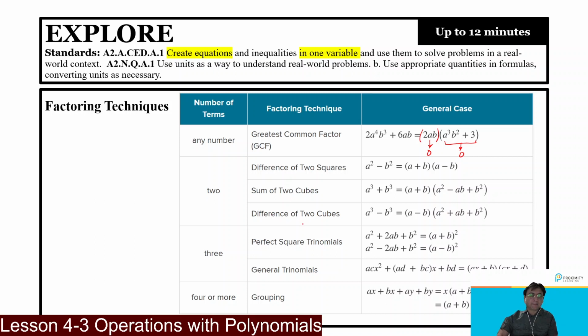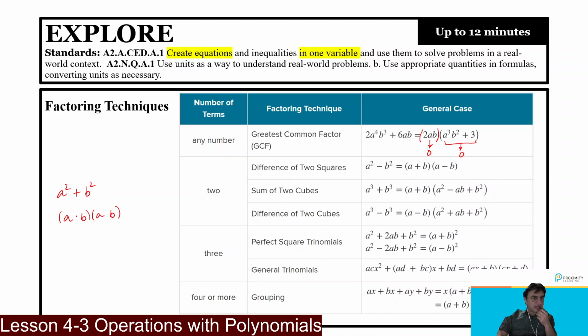So there is no general factorization for a squared plus b squared. Right? We don't have two factors that multiply to give us a squared plus b squared.